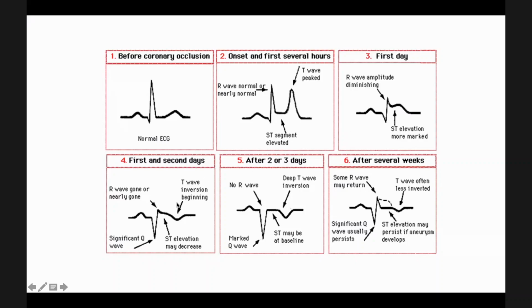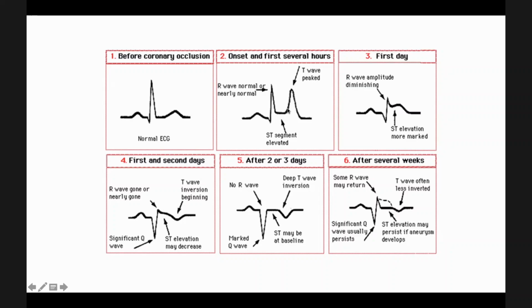And after about 12 hours, the Qs become a little deeper and the T waves are getting inverted. The ST segment also comes down a little, and definitely this is after 12 hours.